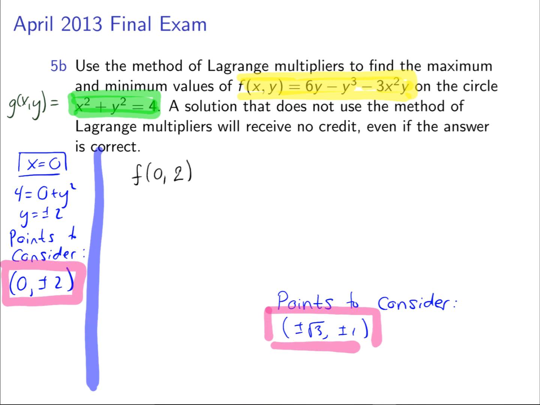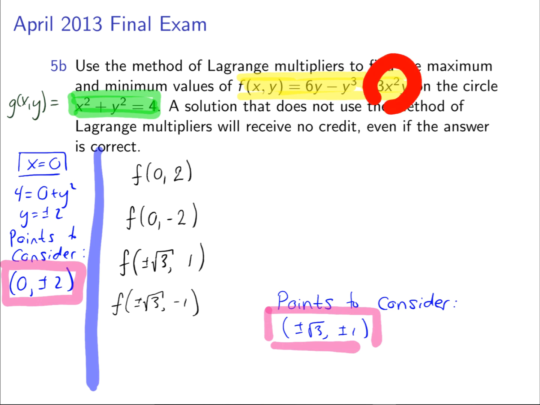Although I have 6 points to consider, if I'm clever, I can get away with only considering 4. Because x shows up squared and only squared, positive and negative values of x will give me the same function value. So I can combine points to consider if the only difference between them is the sign of x. I can't do the same with the sign of y.